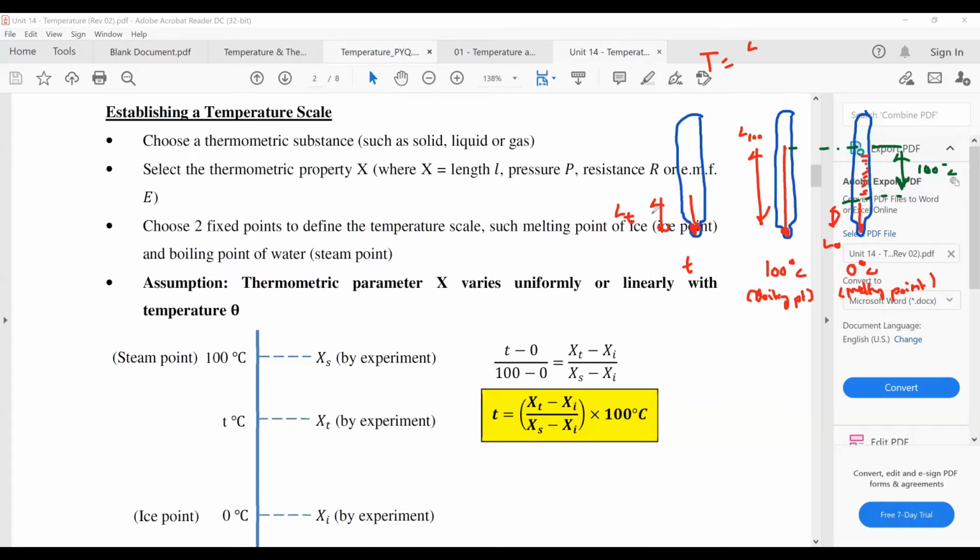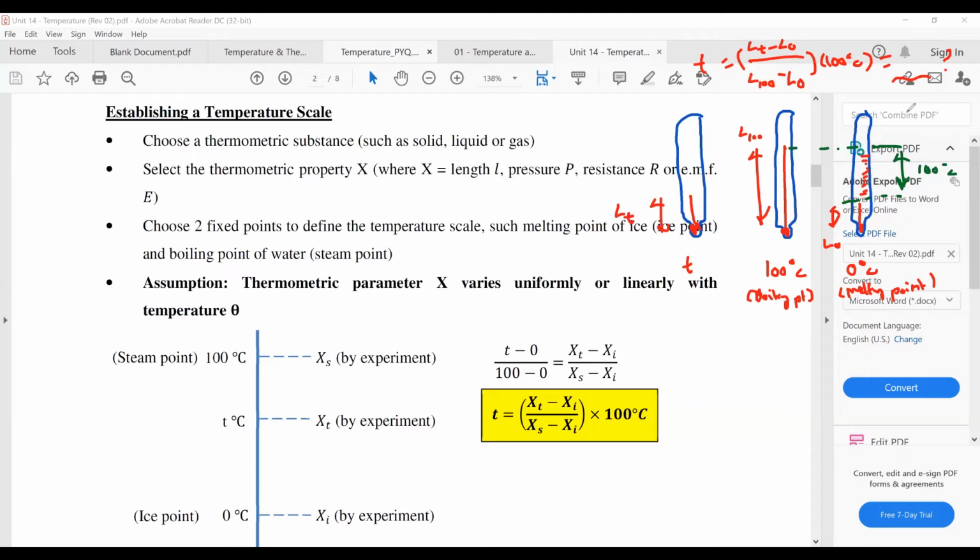If you wanted to work out the temperature here, probably you will say something like this: L_T minus L_0 over L_100 minus L_0, times 100 degrees centigrade will give you the temperature T itself in degrees centigrade.